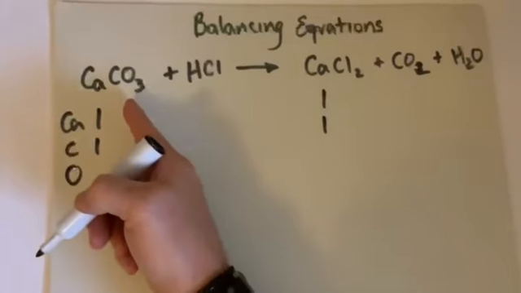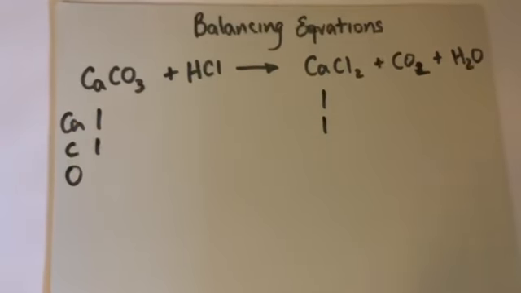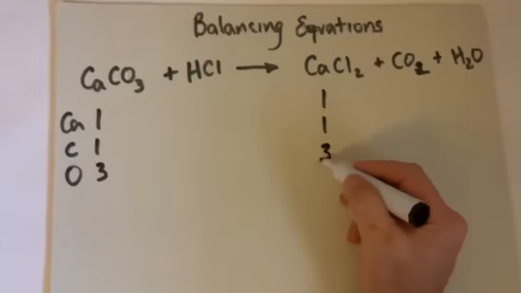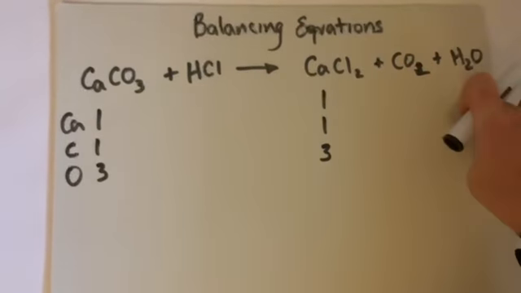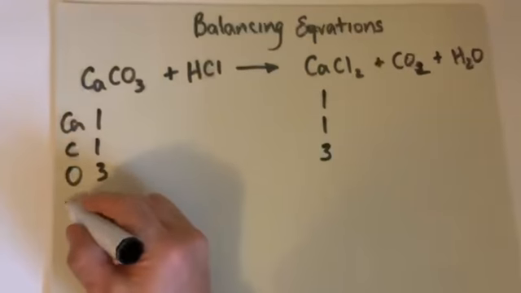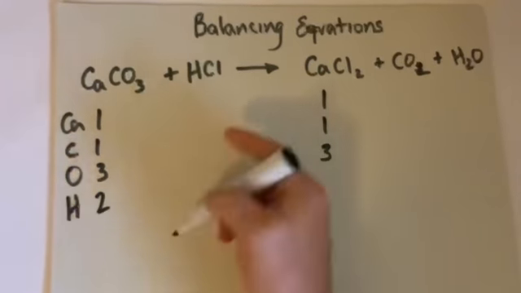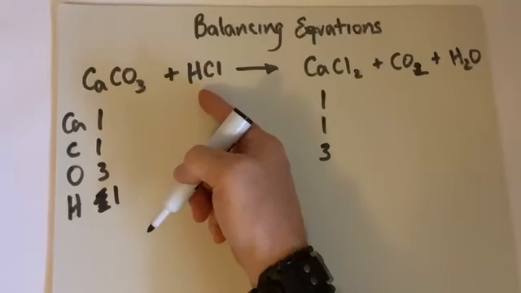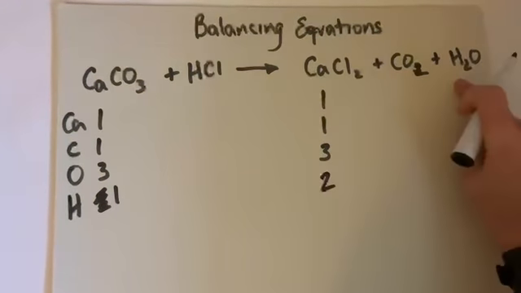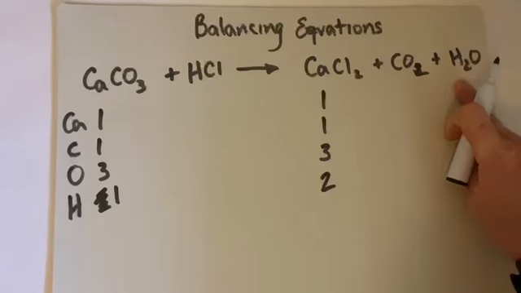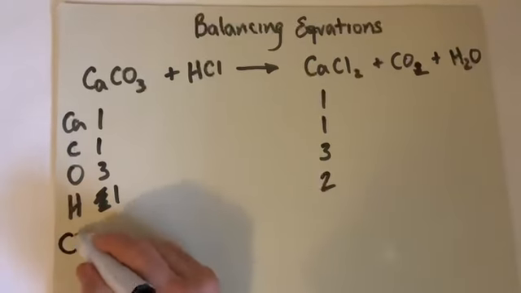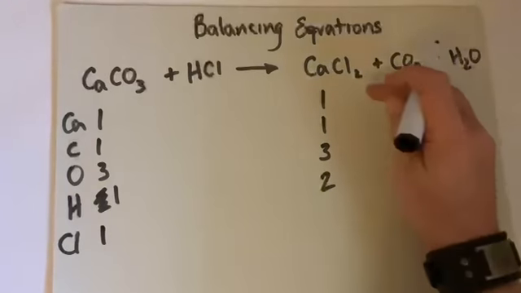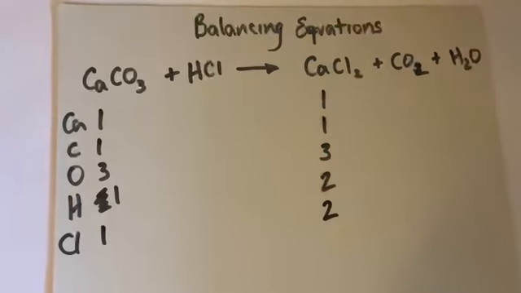Oxygen: we have 3 on the reactant side, 3 on the product side. Hydrogen: 1 on the reactant side and 2 on the product side. Chlorine: 1 on the reactant side and 2 on the product side.